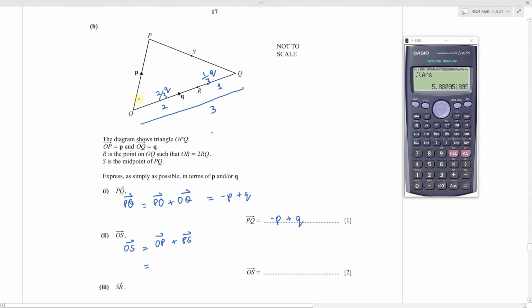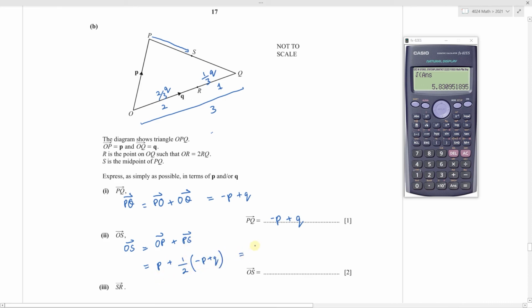OP is P, plus PS. PS is half of this PQ. You're given S is the midpoint. So PS vector is 1 by 2 of vector PQ. What is PQ? PQ is this that you calculated in the previous part. So PS is half of PQ.